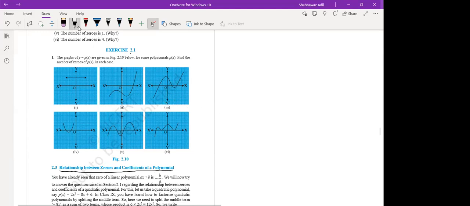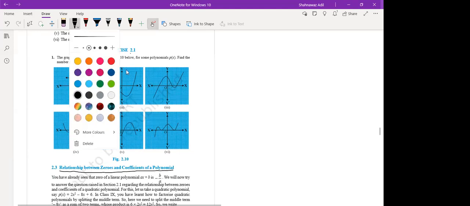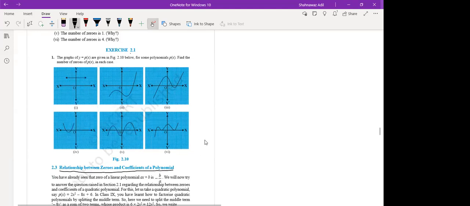Yes, sir. In this exercise, they want us to calculate the number of the zeros, and the graph of the p(x) is given, right? So for this case, how many zeros would be there? Zero, sir, because it is not intersecting the x-axis, right? And for this one, how many zeros? One.